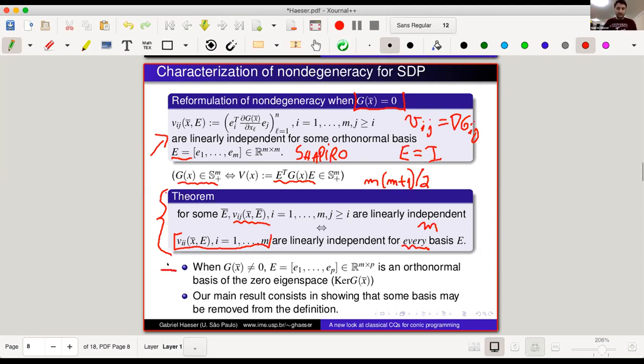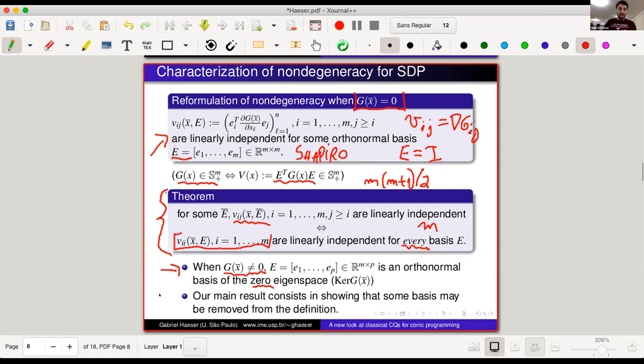Just a remark: if we have G not at 0, we have to consider a smaller set of vectors, E1 to Ep, which is the basis of the kernel of G. You look at the eigenvalues which are 0, and you compute a basis of eigenvectors. But I won't talk about this.